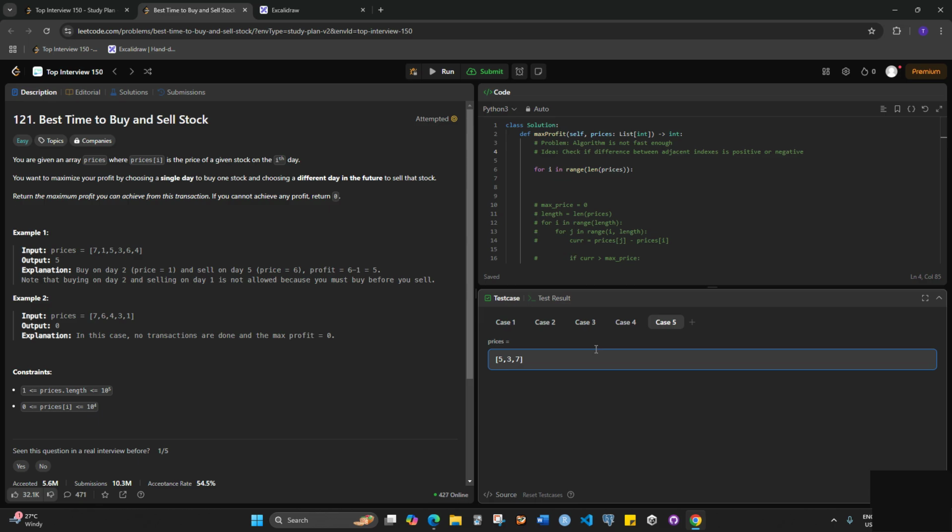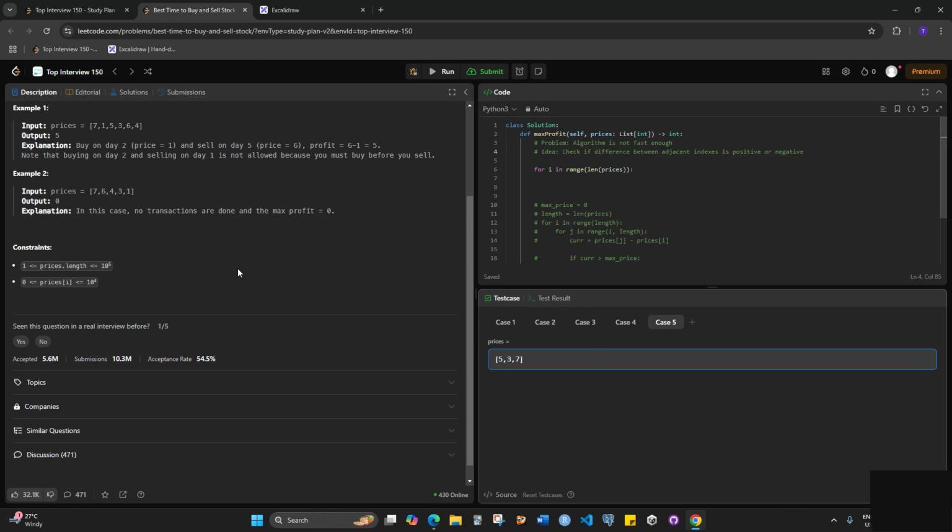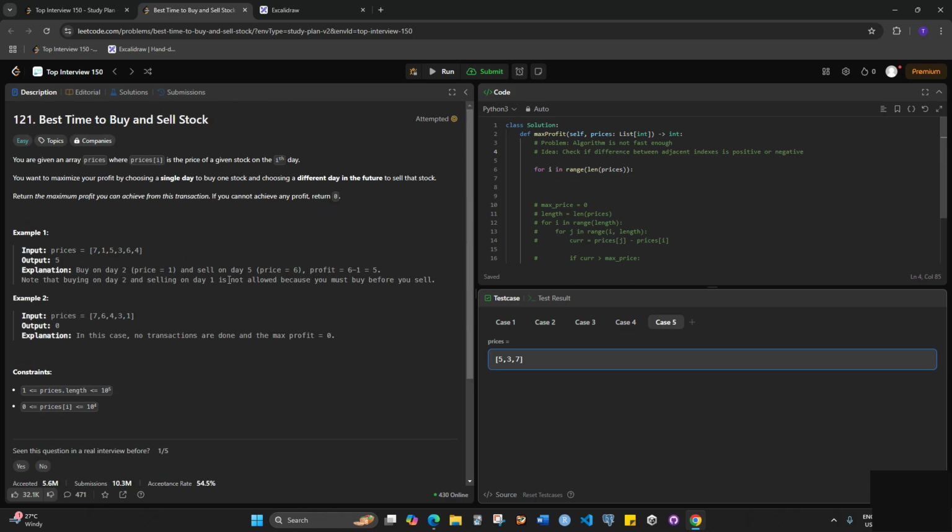and then it's not gonna work though. How can I get the maximum price? Maybe, because you're only allowed to sell after you buy.